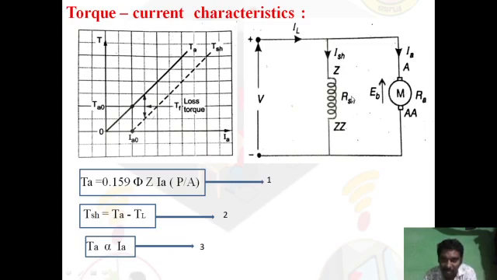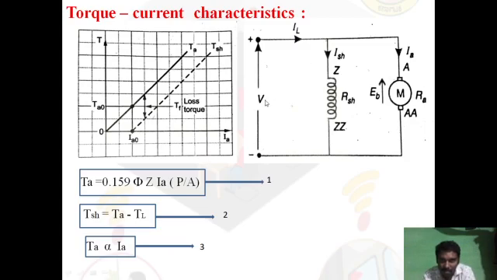The field poles or field coils produce the flux phi, which is distributed uniformly in the air gap between the stationary part and the rotating part.